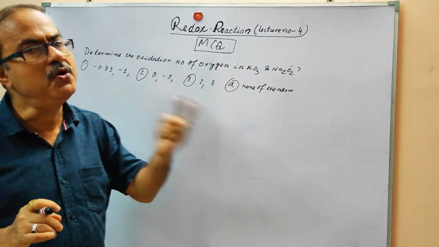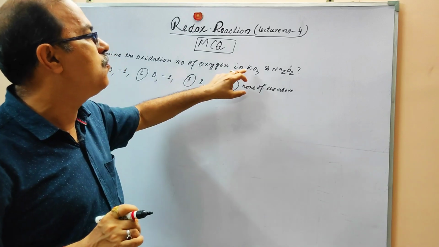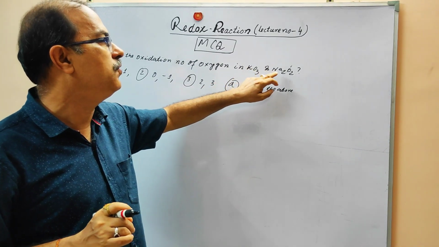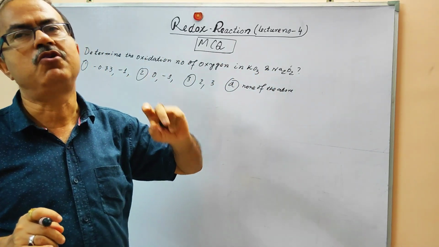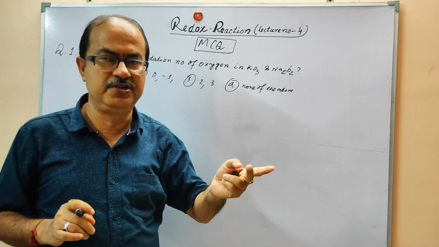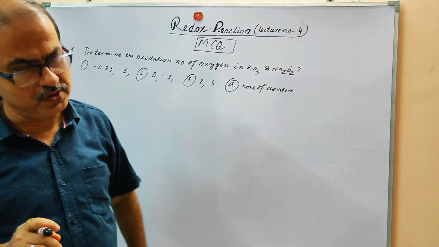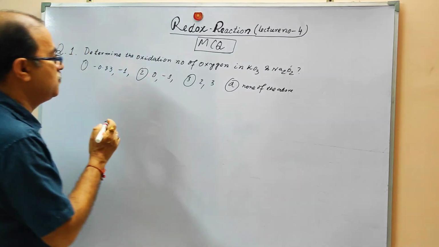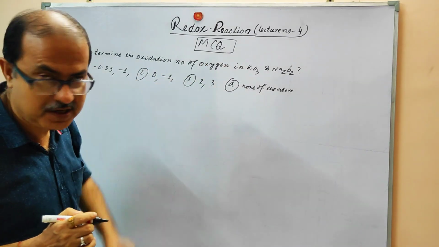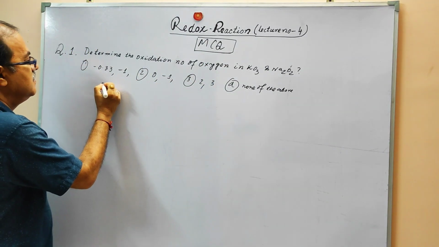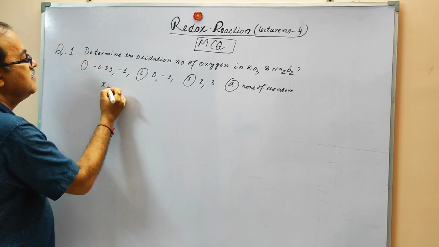Potassium and sodium have fixed oxidation numbers, they never change. Each is +1. So we can easily calculate. Let the oxidation number of oxygen be X.